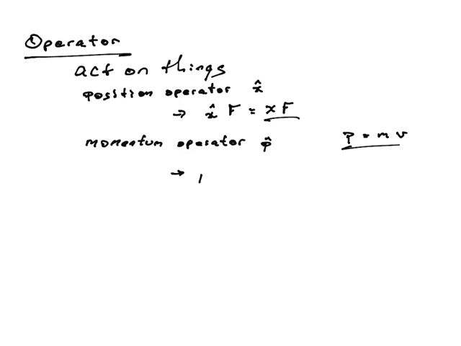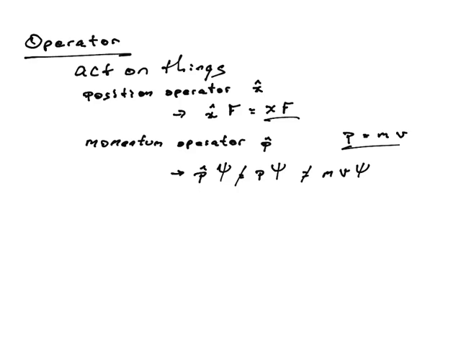If I take the momentum operator P and I apply it to a function, let's call the function psi, Greek letter psi, what does it mean? Well, this is much more complicated than the previous one. This does not mean take the variable P and multiply it by psi. It does not mean take the mass times the velocity times psi.